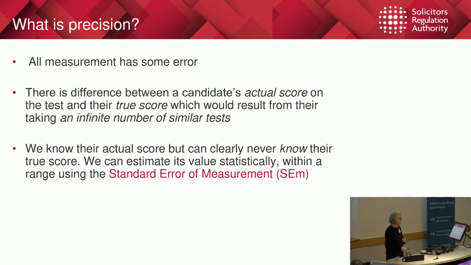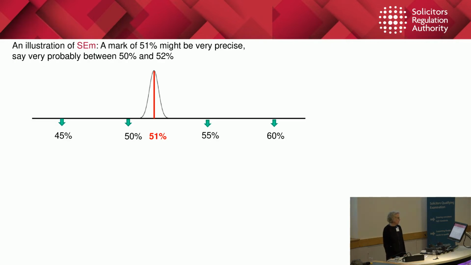And we can estimate it statistically with something called the standard error of measurement. So a mark, say 51%, could be very precise, so you know with a high degree of accuracy, for instance, that the real mark is between 50 and 52%, or it could be quite inaccurate, so you know that the real mark is probably between, I think this is, 46 and 56%.